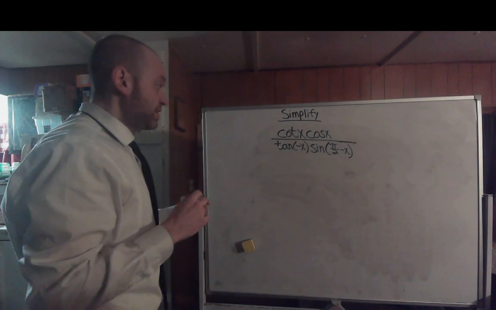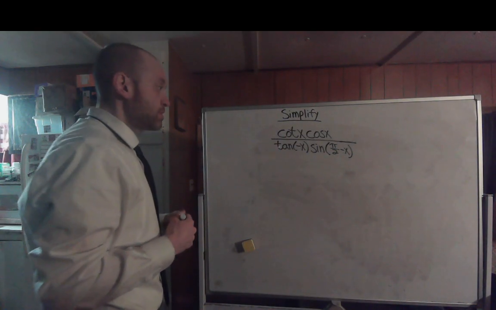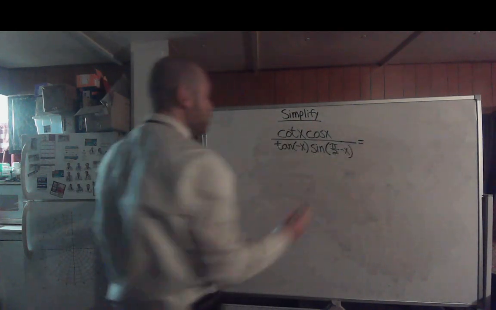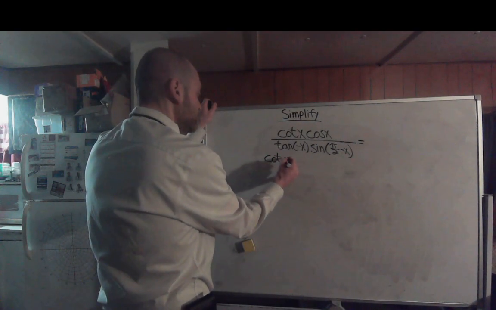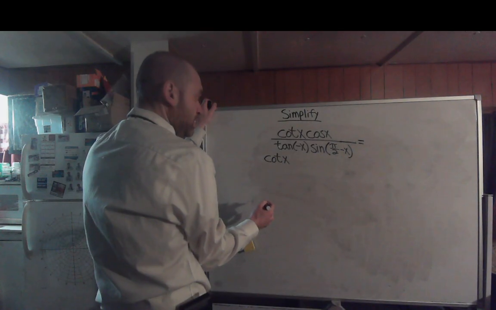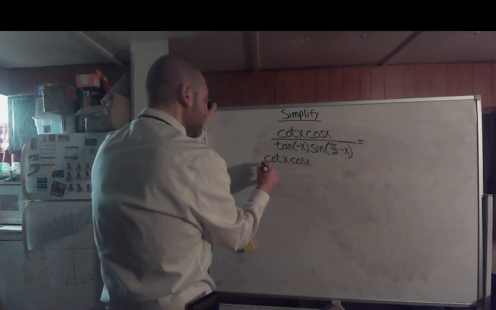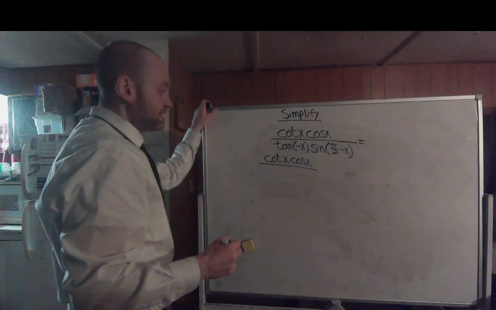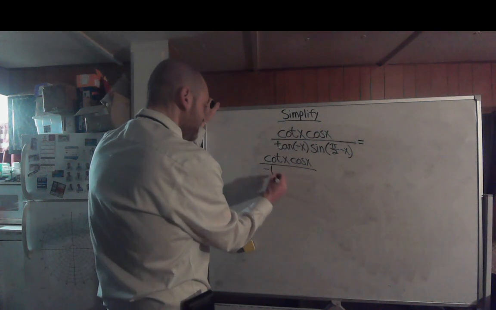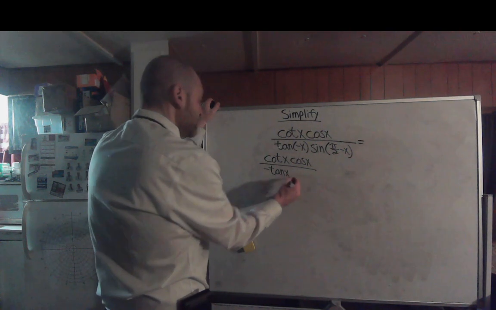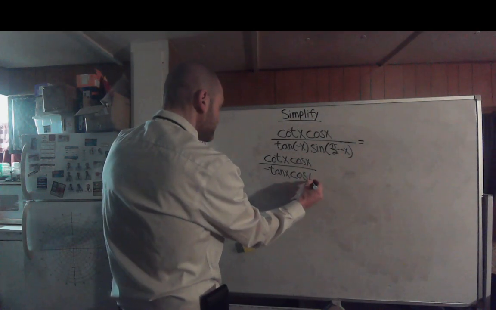And I actually think for once we're going to start with our denominator. Let's keep the numerator the same for now. Cotangent of x times the cosine of x. Now, what is the tangent of negative x? That's just negative of the tangent of x. Now, what's the sine of pi over 2 minus x? That's also the cosine of x.